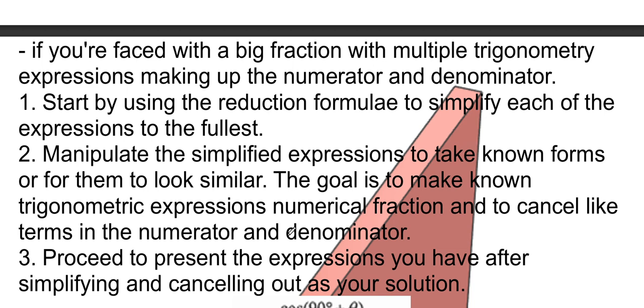In the eventuality that you face a question which has multiple trigonometric expressions, making up a numerator and denominator, those questions will mostly be simplifying questions. What will be important there is to make use of the reduction formula to simplify the expressions to the fullest.